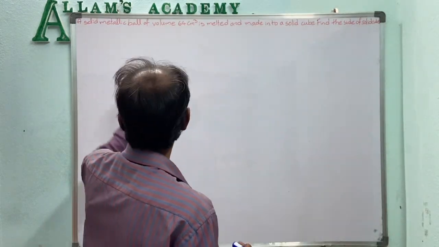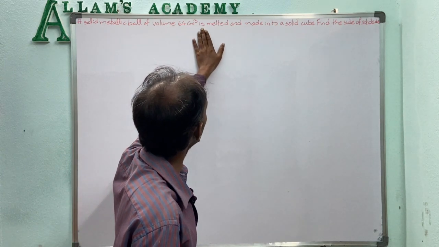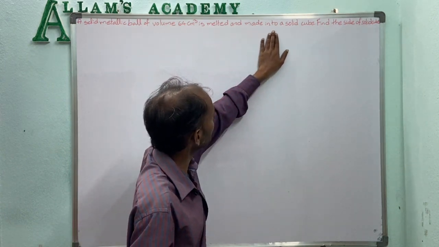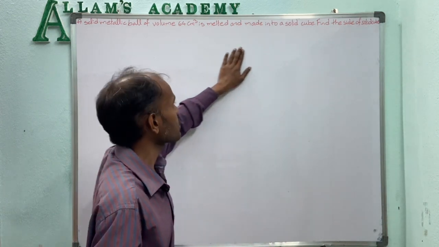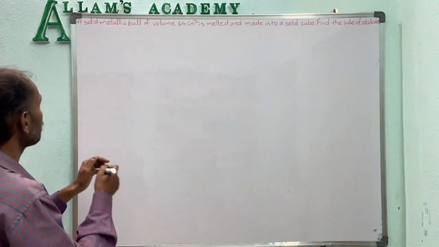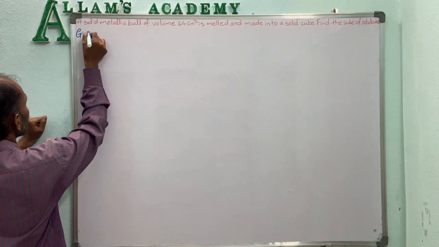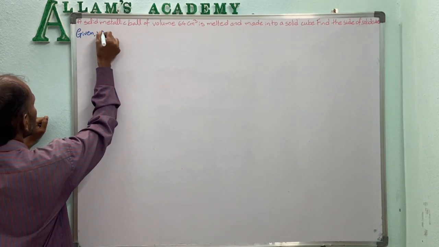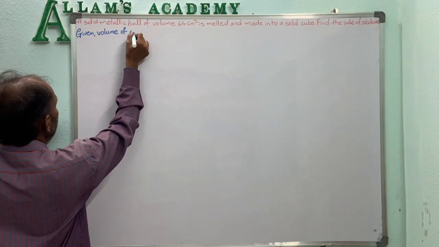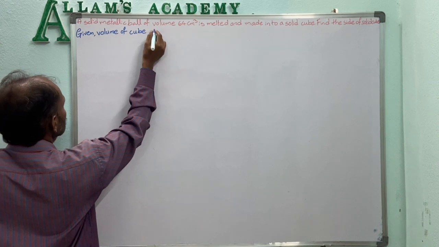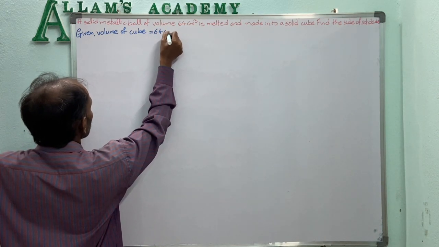The next problem: a solid metallic ball of volume 64 centimeter cube is melted and made into a solid cube. Find the side of the solid cube. So the given volume of the metallic ball is 64 centimeter cube.